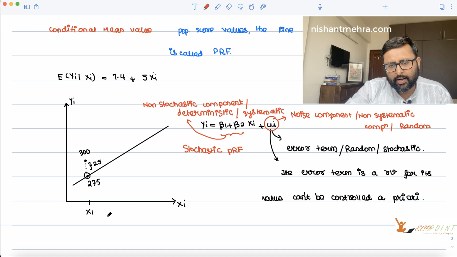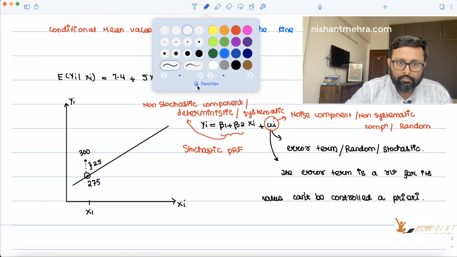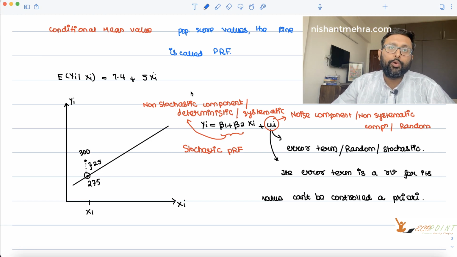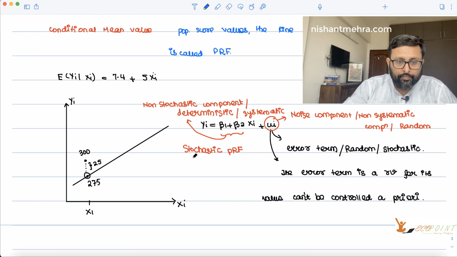So this you know, right? You know the different classes, you know these variables, systematic component. And what is the stochastic PRF telling you? The stochastic PRF is telling you how the individual scores are going to vary around the conditional mean values in the presence of the error term.